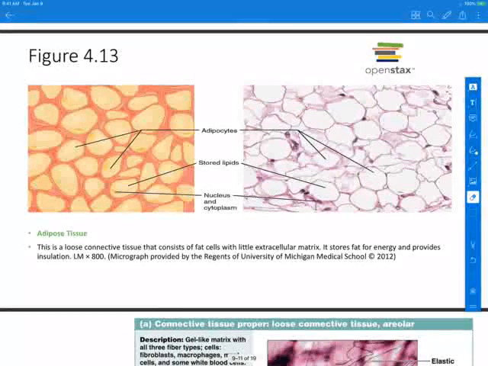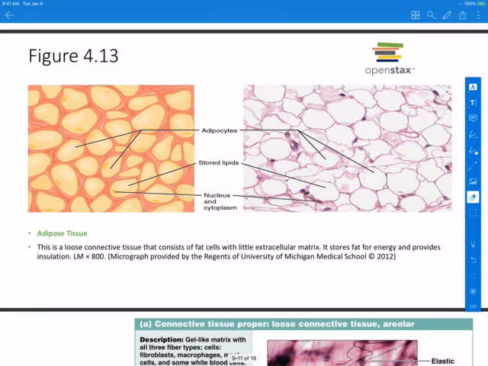Okay, so this is an example of white fat, not brown fat. So each individual cell is an adipocyte that contains mostly stored lipids in its cytoplasm. Here you can see the little nucleus, but that it's mostly filled with lipid. And this is an actual microscope slide where you can see the white area is the part that contains the lipid or the triglyceride.